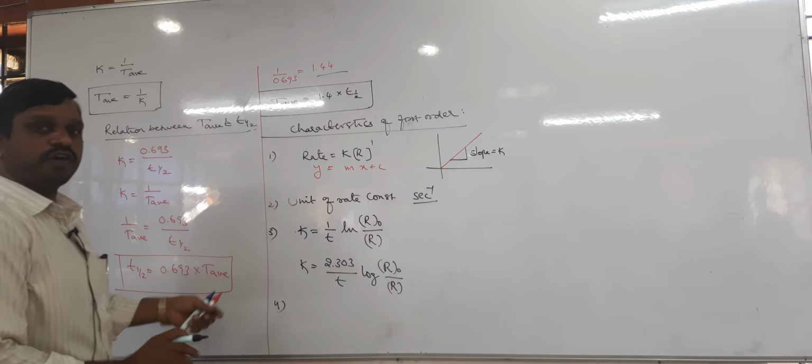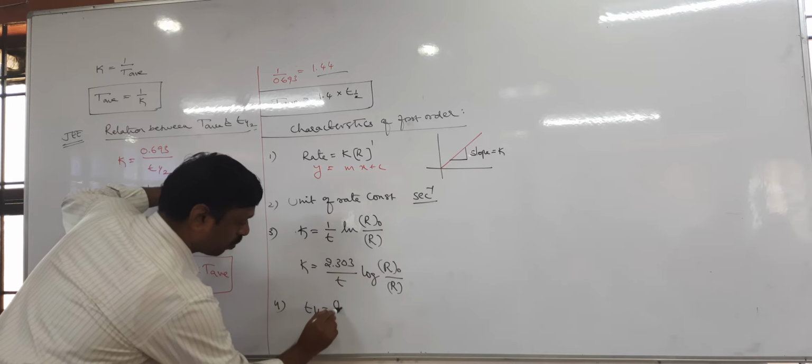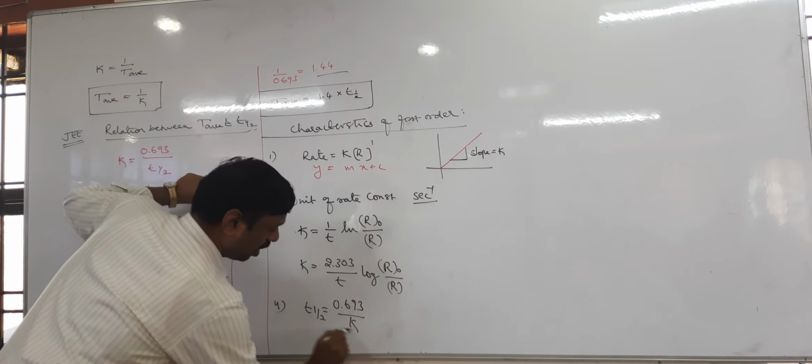What is the T half of a first order reaction? T half equals 0.693 by K.